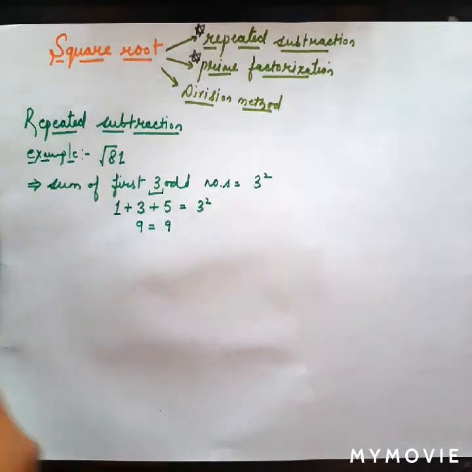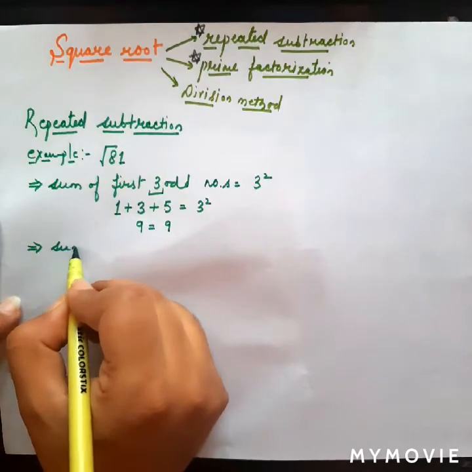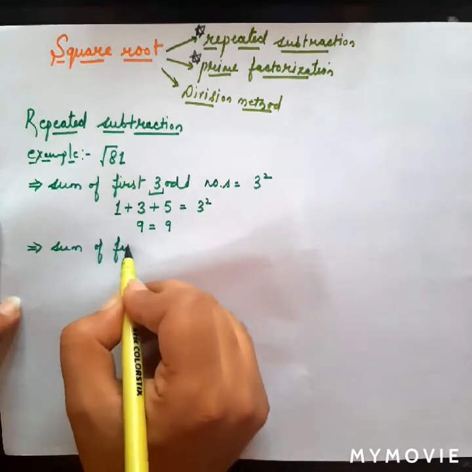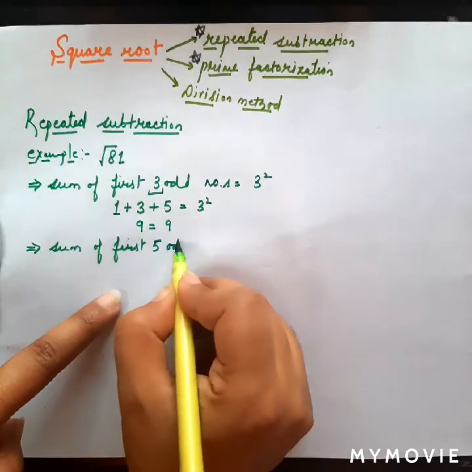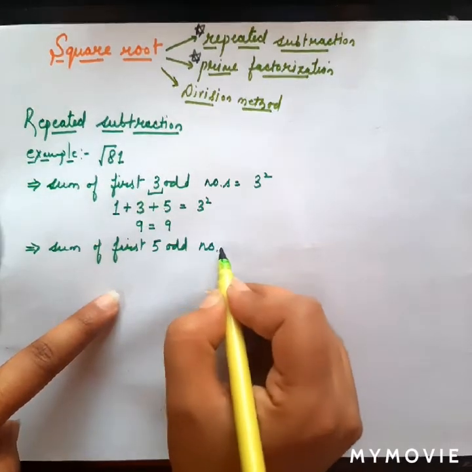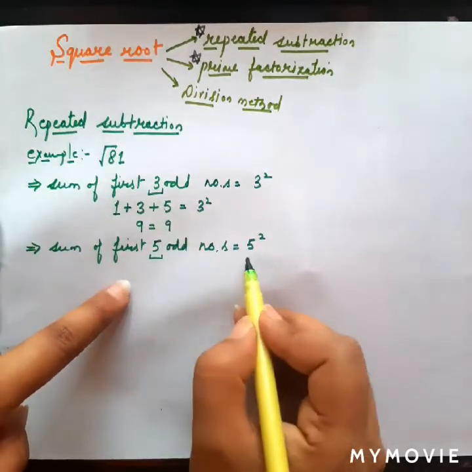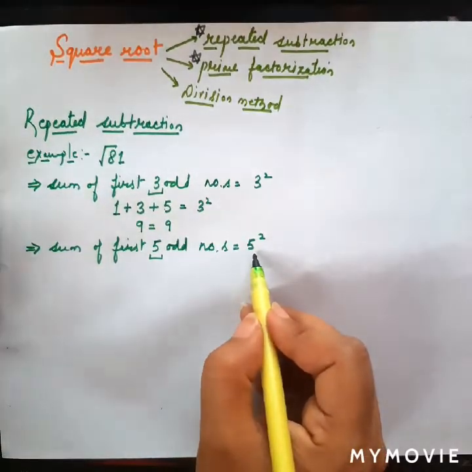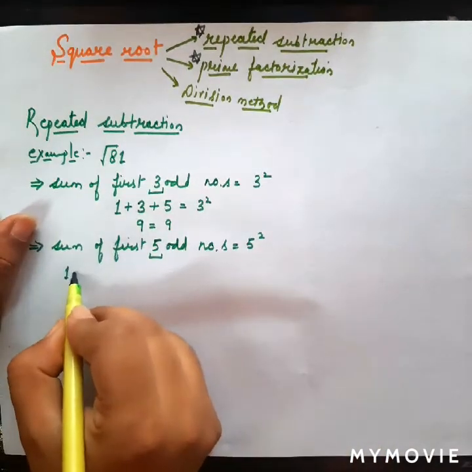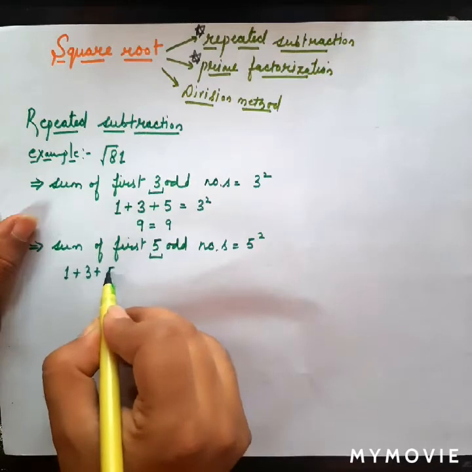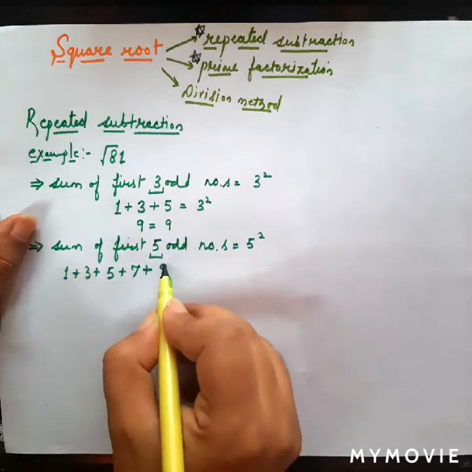So this is true. Again, you can take the sum of the first 5 odd numbers. This will be equal to 5 square. So first is 1, then 3, then 5, then 7, then 9.